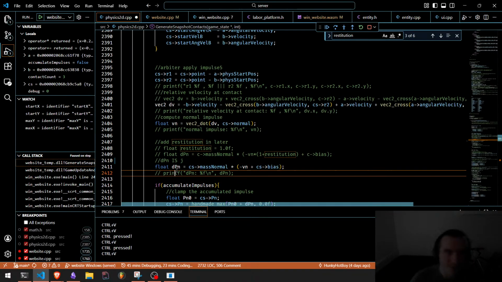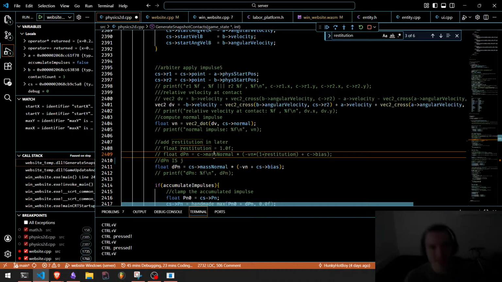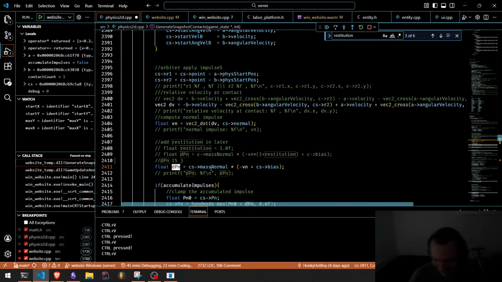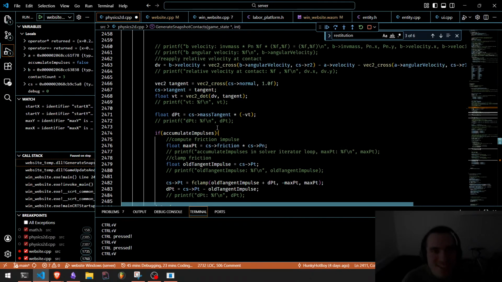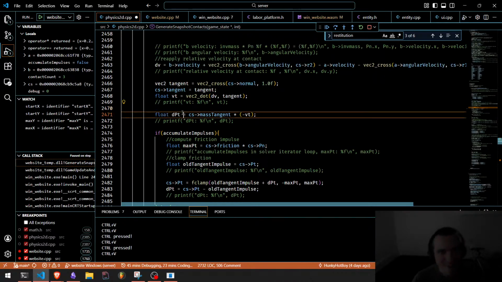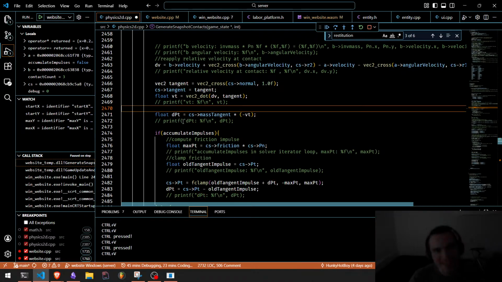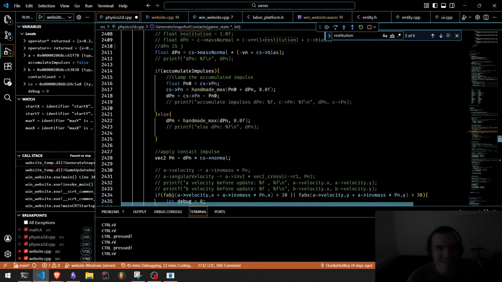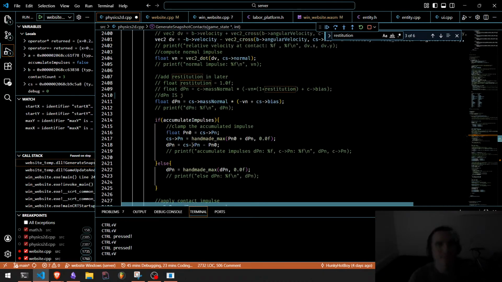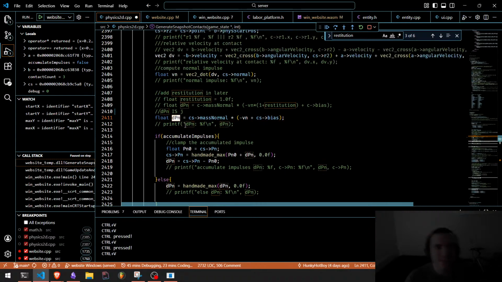I'm just using the original Box2D Lite variable names, and of course I don't understand the thought process behind calling it dPn. versus dPt, that's the tangent, so I think the n in dPn is normal. Delta impulse normal?